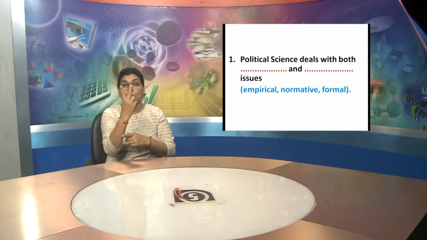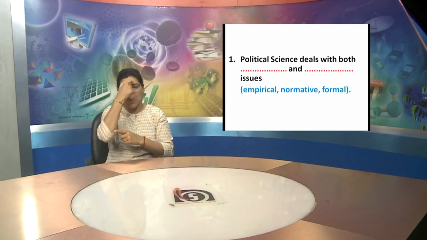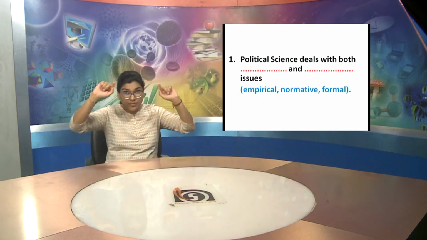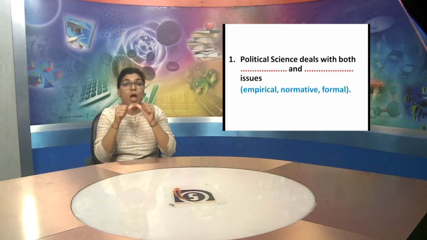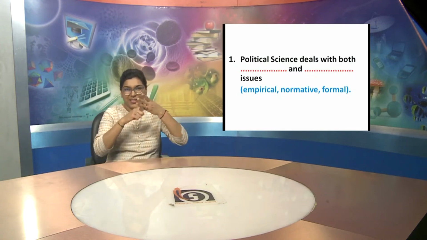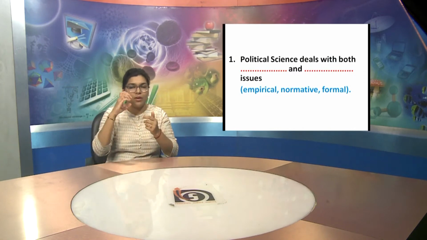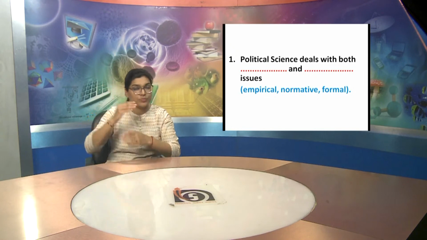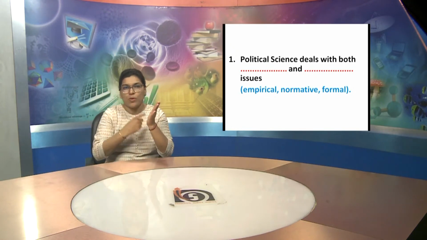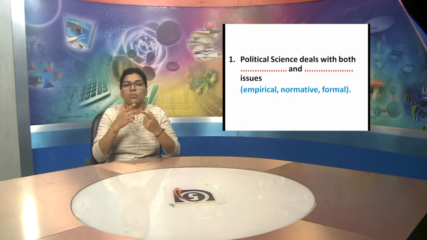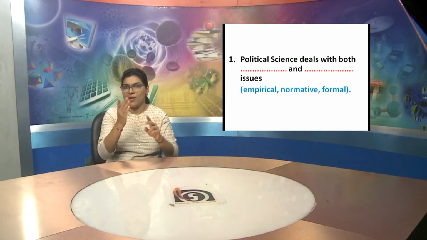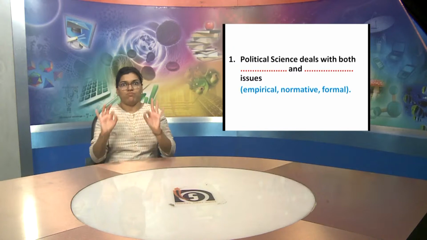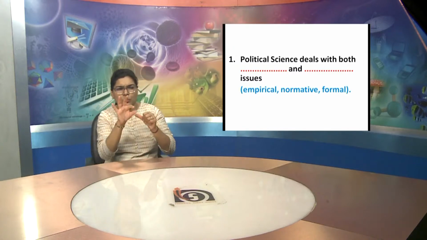Question 1. Political science deals with both dash and dash issues. You can see in brackets the options are given. The first is empirical, second is normative, and the third is formal.